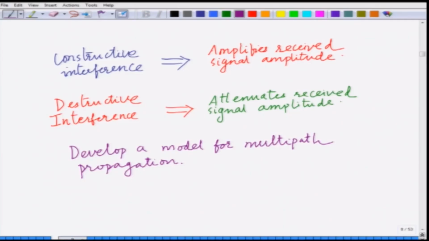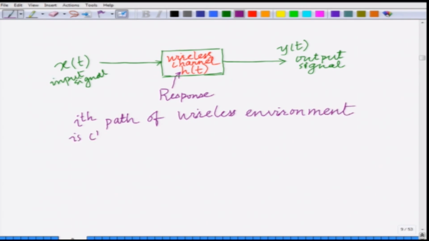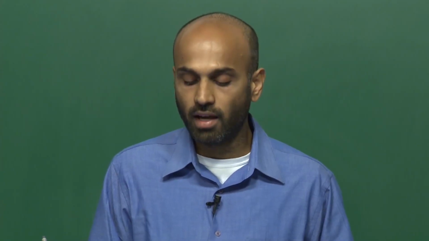So, let us say there are L paths; the i-th path of the wireless environment is characterized by a delay, that is tau_i, and an attenuation, that is a_i.